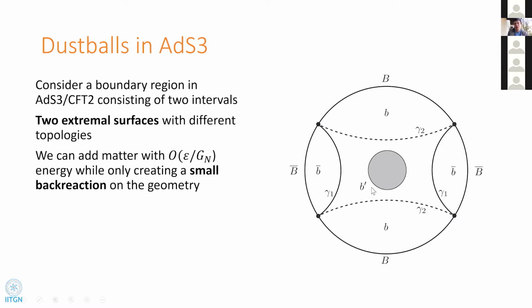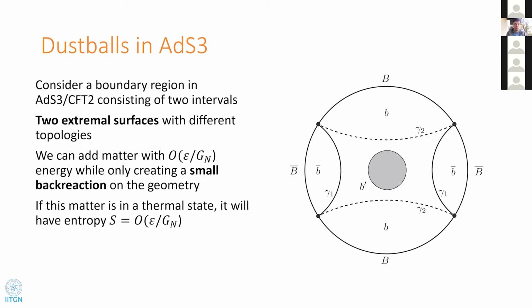Depending on how you scale your energies, this can be thought of as either a small or a large amount of energy. But the important point is that its back reaction on the geometry is small, because the Einstein equations have a factor of G Newton in front of the stress-energy tensor. So up to perturbative corrections, the geometry of this spacetime just looks like the AdS3 vacuum.